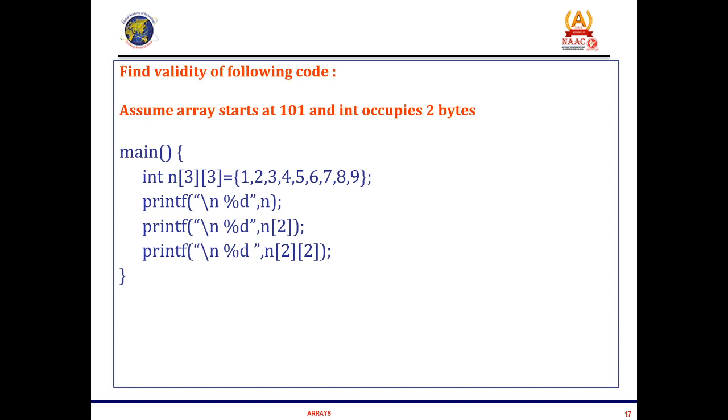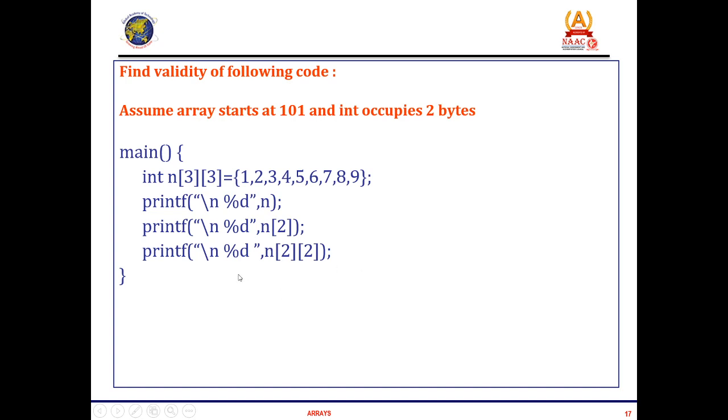So I have an array which starts at 101, and assuming that integer occupies 2 bytes. So this is for your information. In the declaration statement, I have a 2-dimensional array and I am initializing the elements of the array during declaration, and hence my array elements are 1 to 9. And then I am printing n, and I am printing n of 2, and I am printing n of 2.